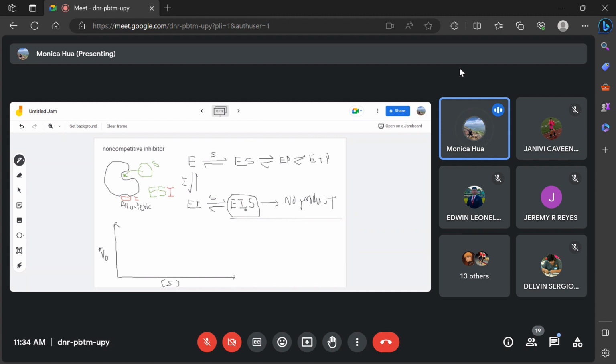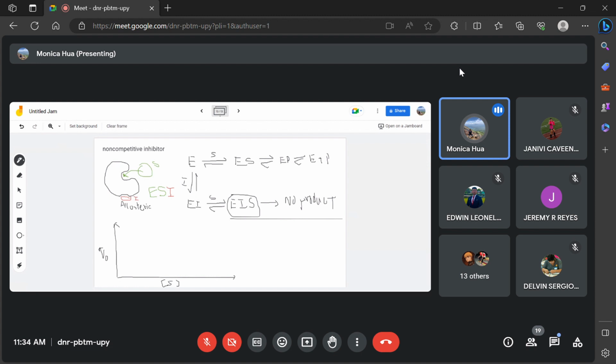So the substrate binds with the enzyme-inhibitor complex. This cannot escape, right? They're kind of stuck in that place. So no matter how much substrate you add, because they don't compete for the same active site, the inhibitor will be binding to this allosteric site, and the substrate will bind to the enzyme.